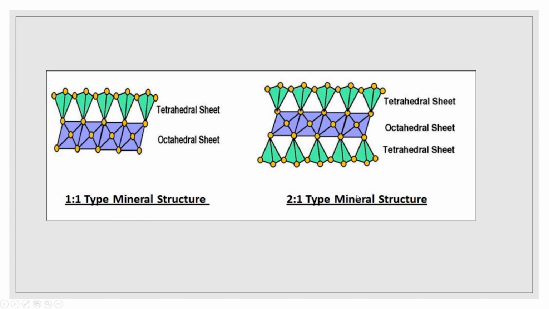For our 2-to-1 clay minerals, when I think about this, I'm thinking like a sandwich or maybe even an Oreo. So we would have our tetrahedral sheet, we would have the stuffing or the octahedral sheet in the middle, and then another tetrahedral sheet on the other end of that. So we would start to have this sheet with another sheet, and that would give us our 2-to-1 mineral structures.